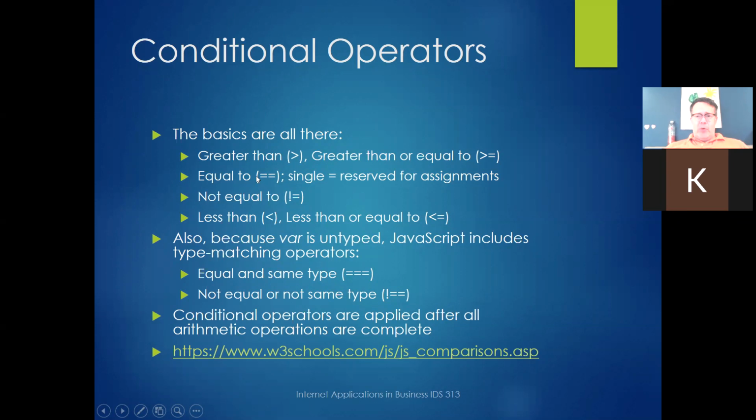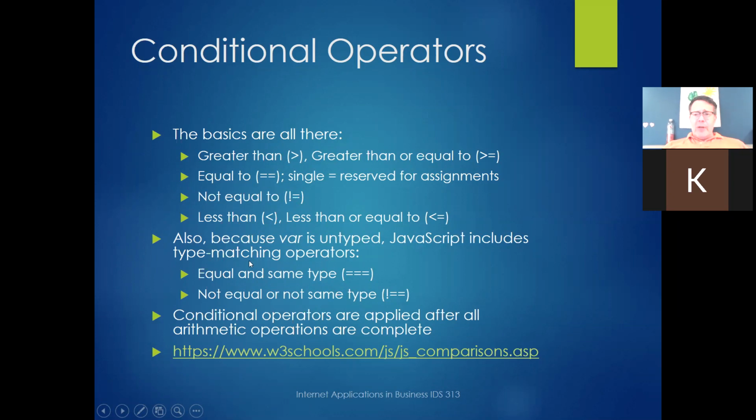So if you want to test if two quantities are equal, use the double equal sign. And then not equal to is exclam equal. Not the Excel not equals, right? So in Excel you would do a less than and a greater than, but not in JavaScript. In JavaScript, not equal is exclam equals, and of course less than or equal to.